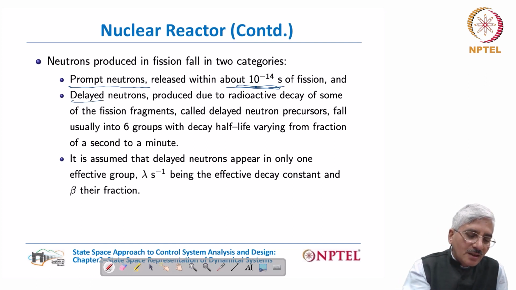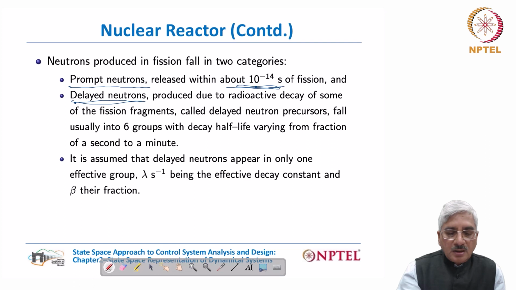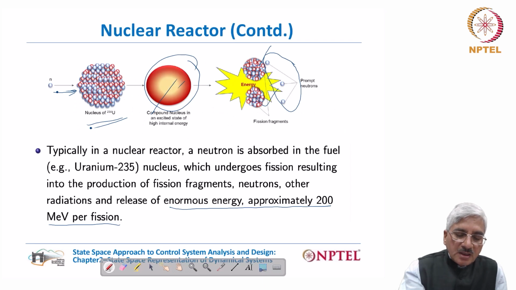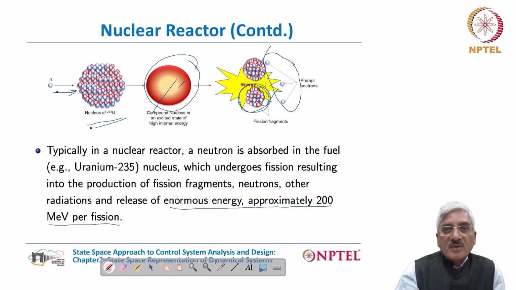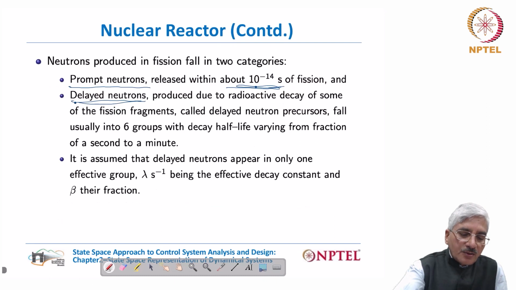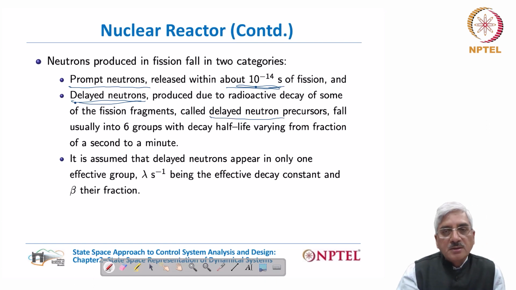Remaining neutrons are delayed neutrons. They are produced due to radioactive decay of the fission fragments. In the previous diagram, these fission fragments, they are unstable radionuclides, and many of them undergo beta decay, and while they undergo beta decay, they produce neutrons, and these neutrons are called as delayed neutrons.